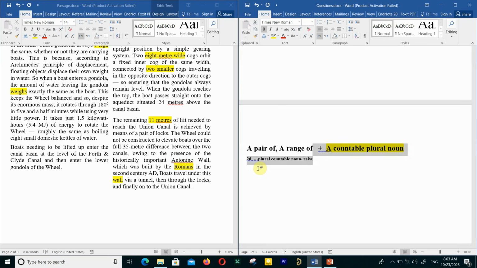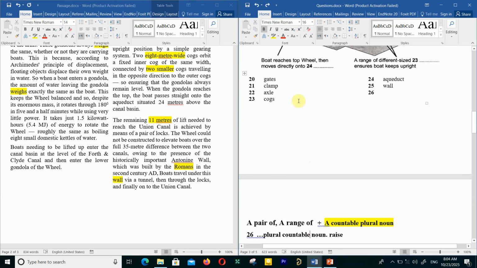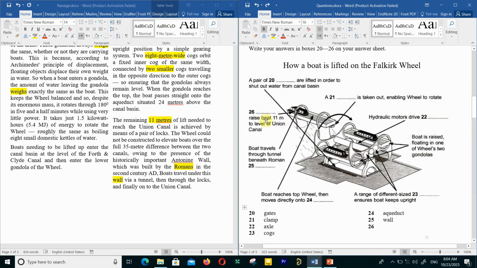This is really great practice for your grammar. Grammar is really helpful for IELTS reading. Plural countable noun before raise. Raise boat 11 meters to level of Union Canal.